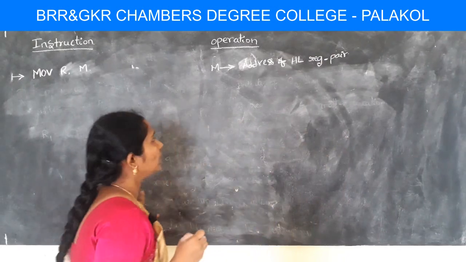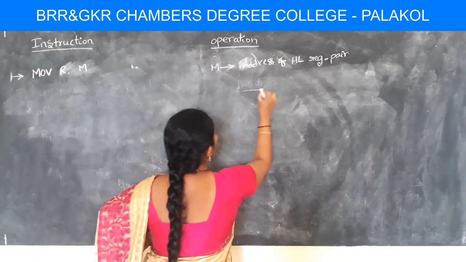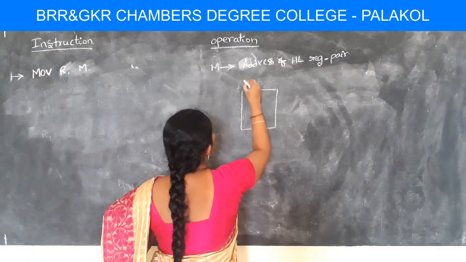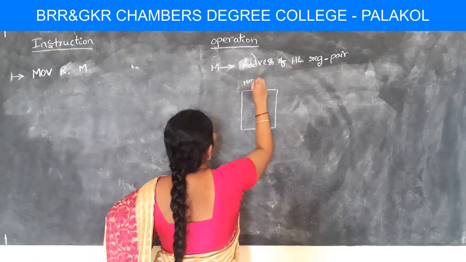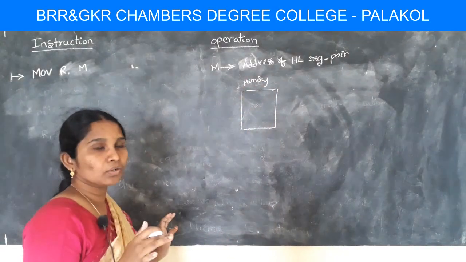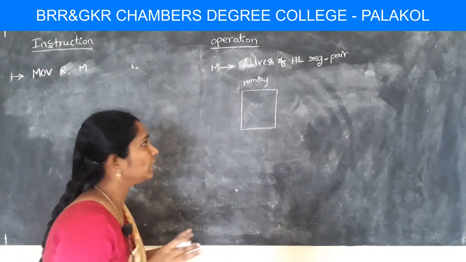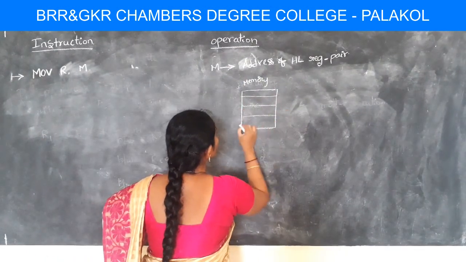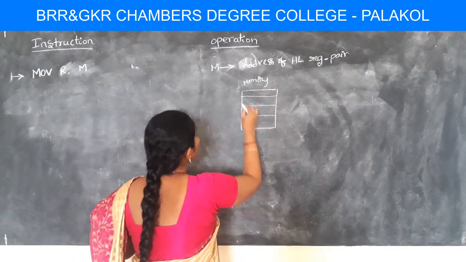Okay. So that means, for example, if we consider a memory, so here this is a memory. Memory is nothing but it will store the set of instructions. In these instructions, that means it is data.